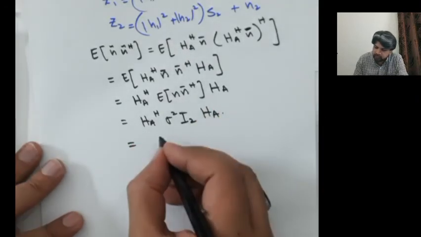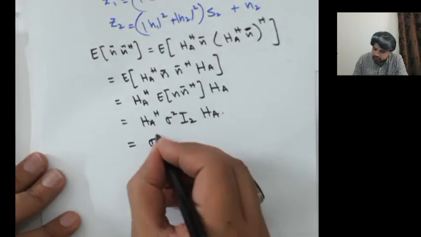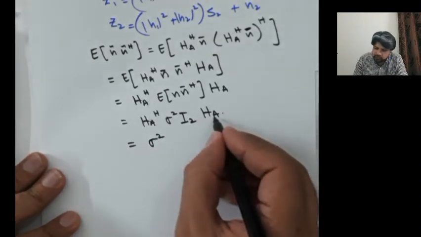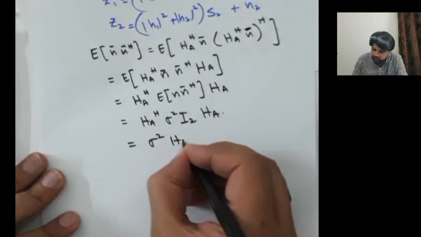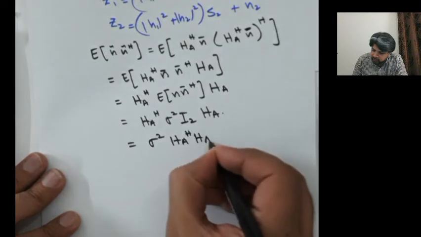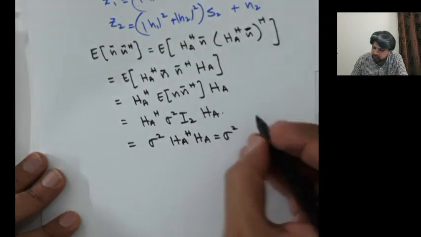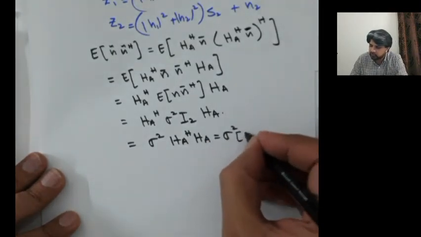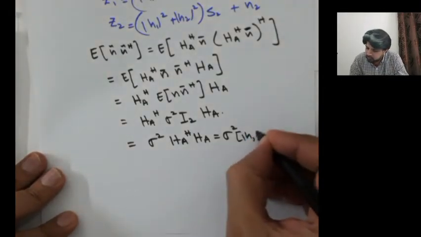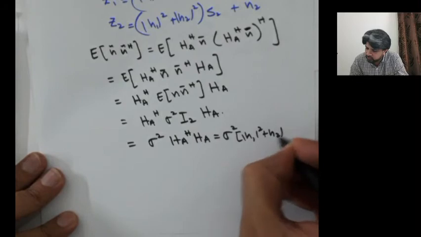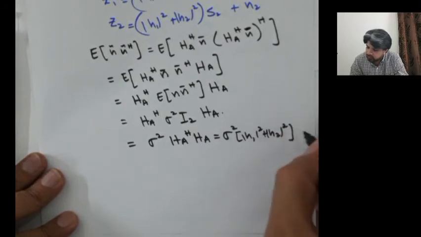So you can see this is nothing but sigma squared, since I2 times HA gives you HA. This would be nothing but sigma squared times HA Hermitian times HA, and that would be equal to sigma squared times (H1 mod squared plus H2 mod squared) times the identity matrix.